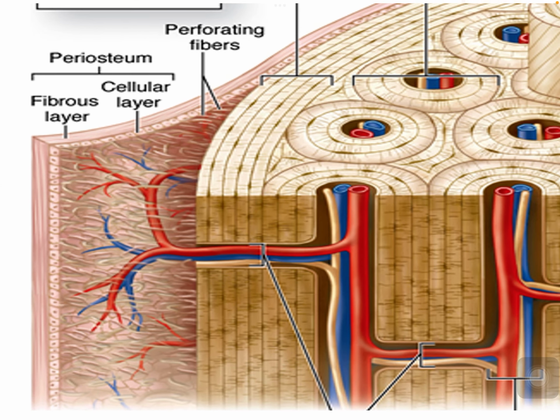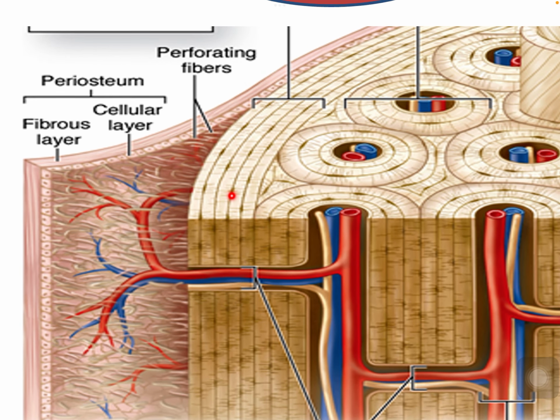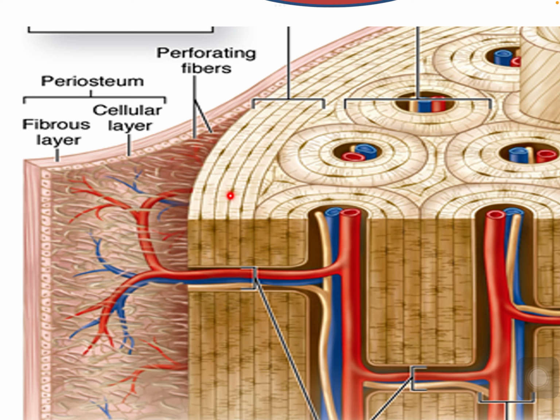And you can see, if you zoom in here, that these cells, osteocytes, lie inside lacunae, just as the chondrocytes lie inside lacunae in the cartilage. Here the osteocytes lie inside lacunae, inside their room in between the bone lamellae.